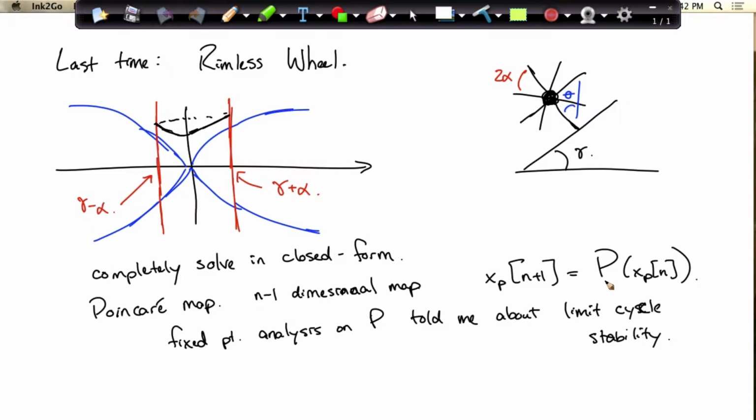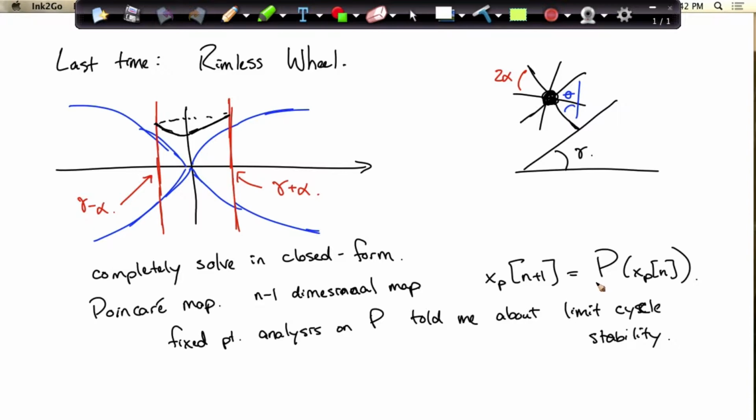There's a snag though. If we start to go to implement this for more complicated systems and try to use our Poincare map in order to infer something about the more complicated systems, the snag is that we'll almost never be able to write down P in closed form, right?